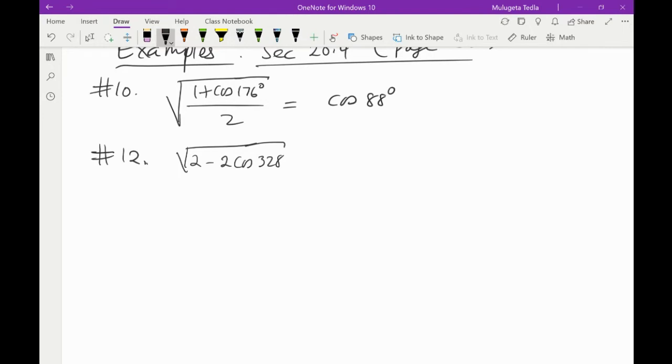So 2 minus 2 cosine 328. If it was going to be complete, it would have been like that.